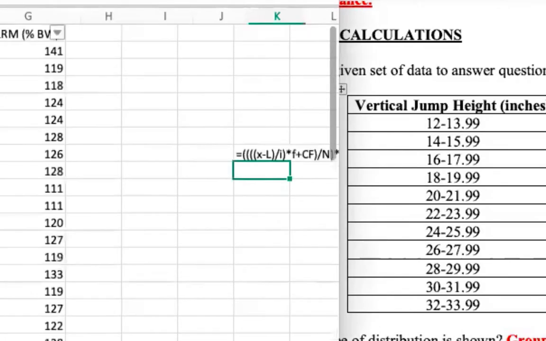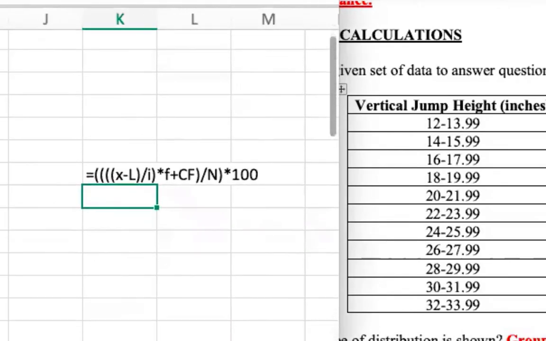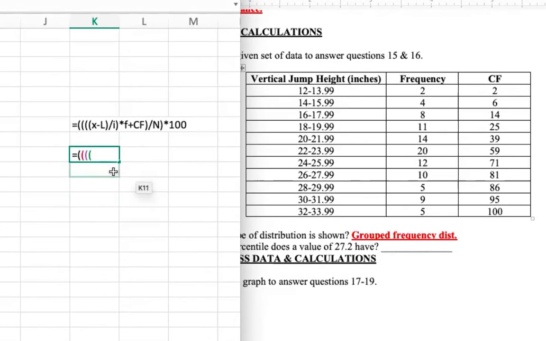I'm going to zoom in. Sorry, that was kind of small. Okay, so if we're putting this into a calculation, what is our raw score of interest here? 27.2. And what's the lower bound that we're working with? 26, because 27.2 lies within this region.